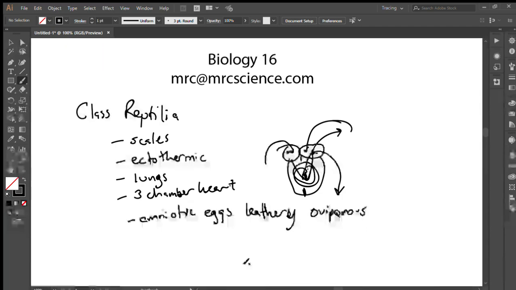Then around that we have the chorion, a membrane that envelops all the structures that were just described, and all that floats within albumin. That's what you would think of as the white part of the egg if you break a chicken egg.